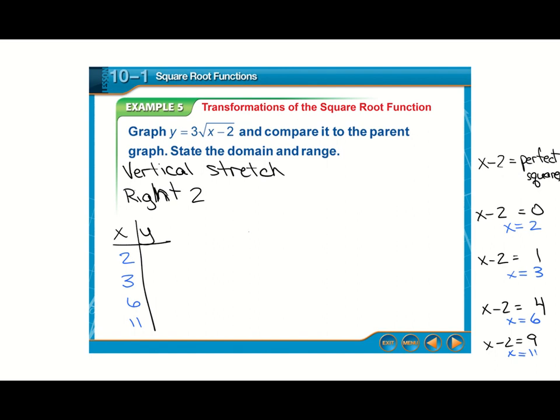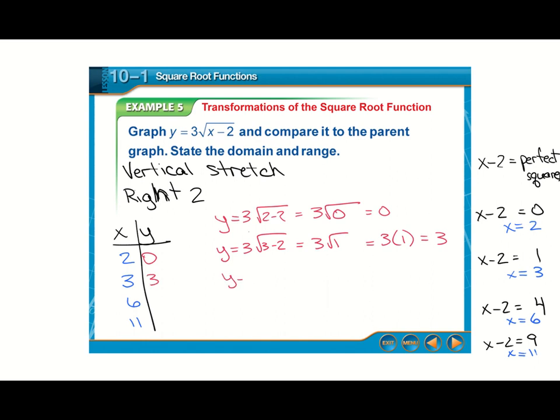Okay, so now I'm going to plug those numbers in and see what I get for y. So I have y equals 3 times, plug in the numbers, so 2 minus 2. So, I'm sorry, 3 times the square root of 0, which would just be 0. Then I'm going to plug in the 3. So 3 minus 2 is 1. The square root of 1 is 1, so I would just get 3 right here.